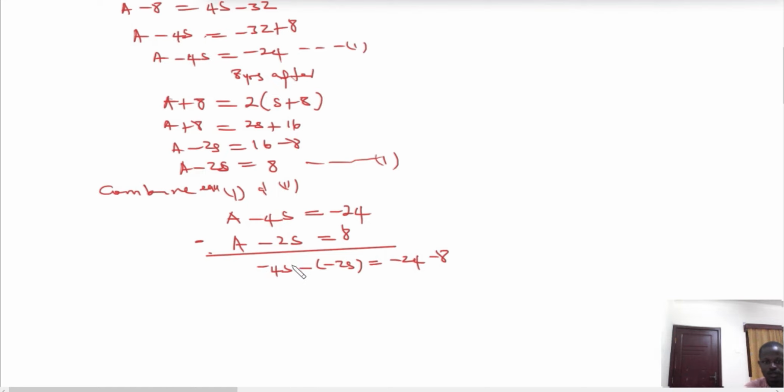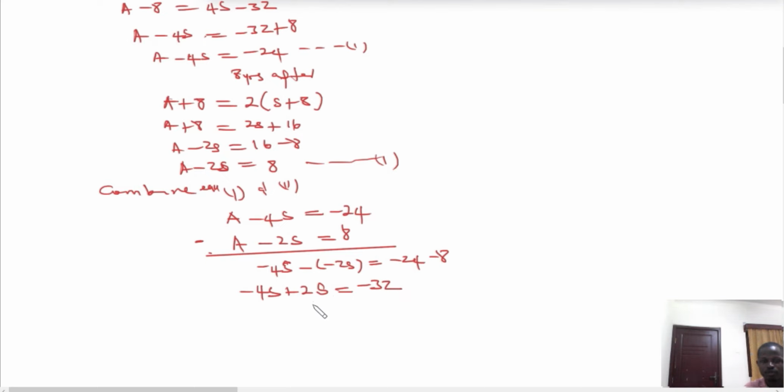So this is minus 4S, this is now plus 2S is equal to minus 8 minus 24, minus 8 gives you minus 32. So we have here minus 4S plus 2S.